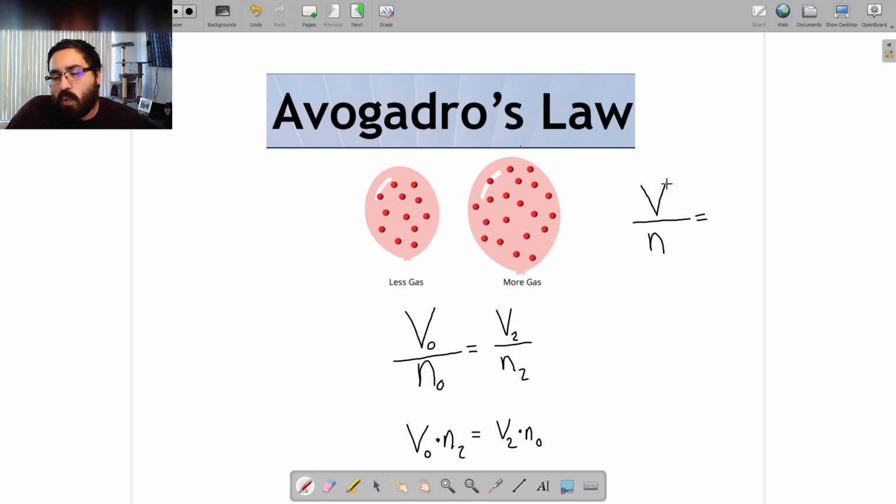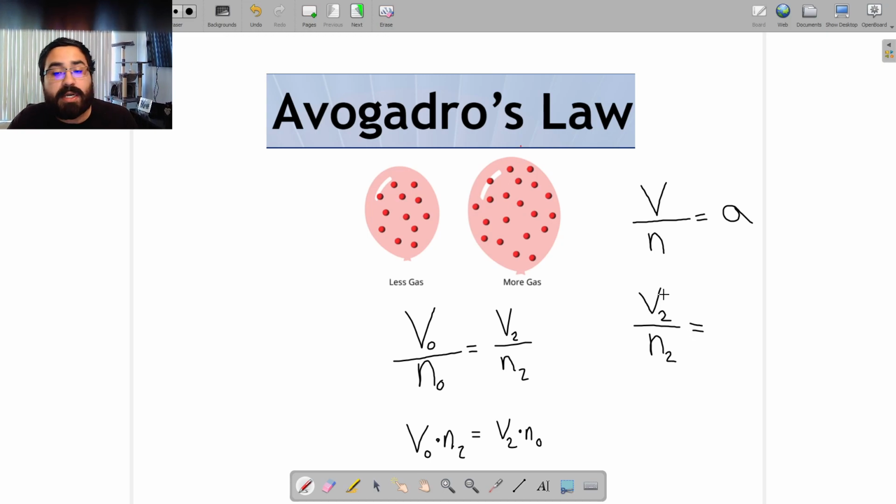But when the volume of a gas was compared to the number of particles, it always came up to some value. Let's call that value A. Now, if the gas was at a different volume, we'll call that volume 2, then it had a different amount of particles, but it was bigger.